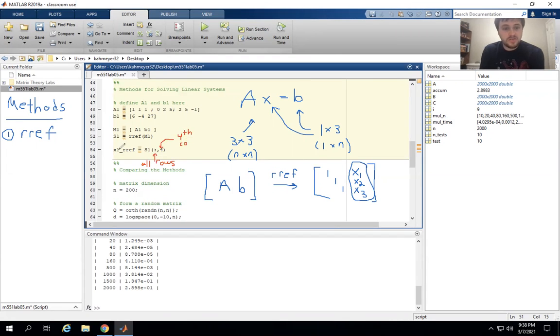And so this x1_rref is actually a 1 by 3 vector, and it's going to be this over here. Maybe I can draw an arrow all the way through here. This is my vector, right? And you'll notice that x1_rref is the solution to the system A1x equals B1, okay?